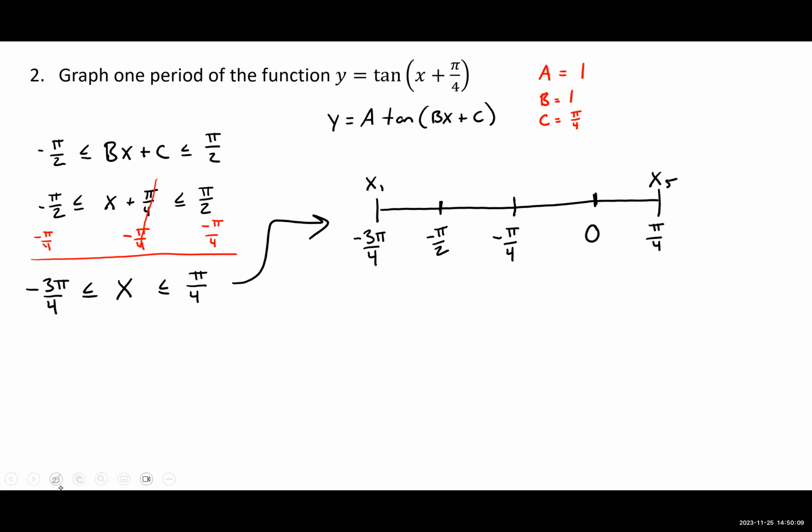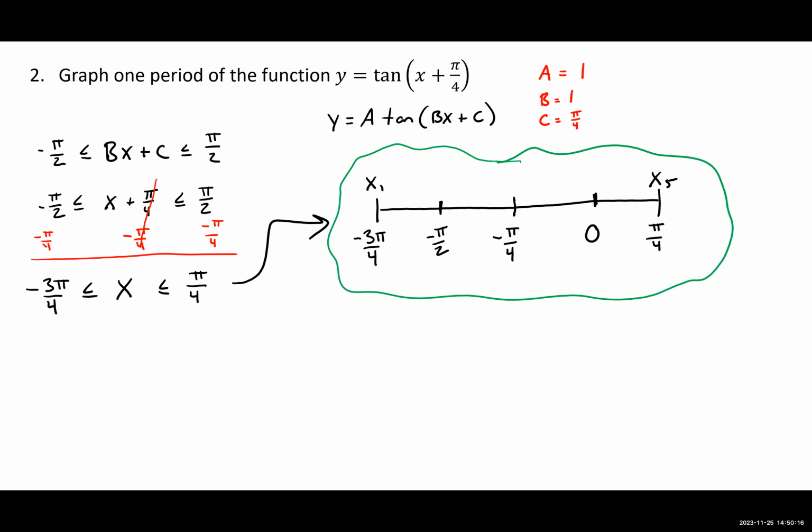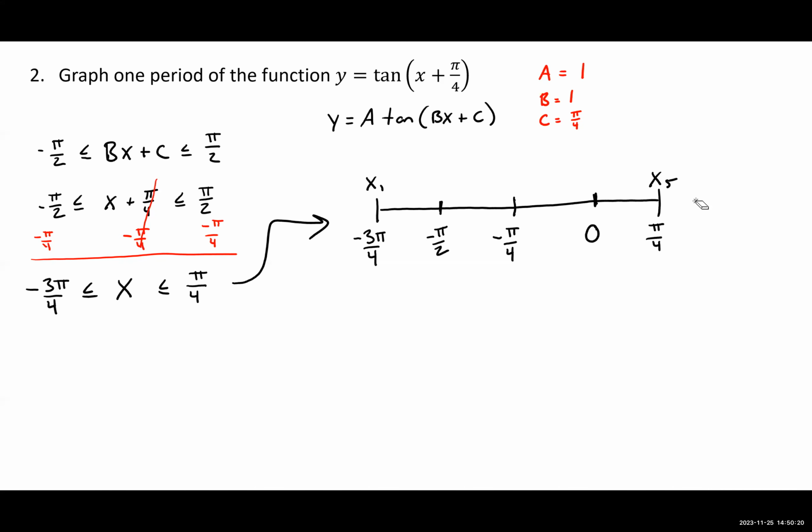All right, this part right here, a lot of times, is the most difficult, maybe, but also the most time-consuming part of the problem, getting these 5 numbers. So now we've got x1, x2, x3, x4, and x5.